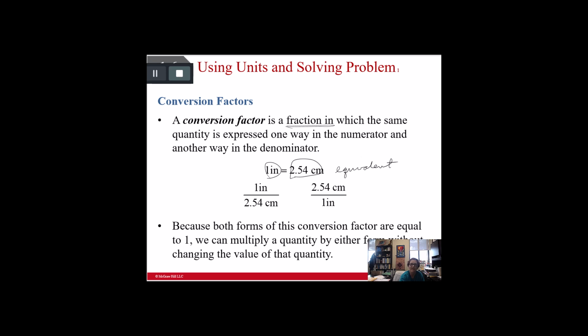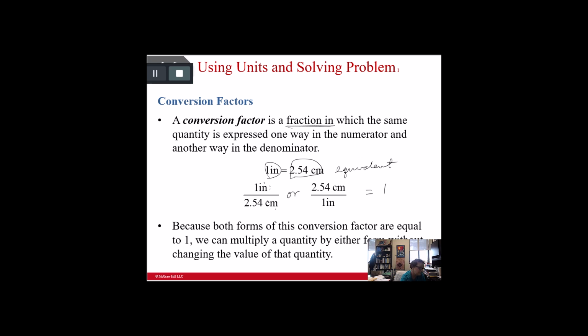When we write them as a conversion factor, we write them as a fraction, where you can have 1 inch over 2.54 centimeters, or upside down, 2.54 centimeters over 1 inch. And the reason is, since these are equal to each other, one divided by the other equals 1. That's why we can use these conversion factors to solve problems.